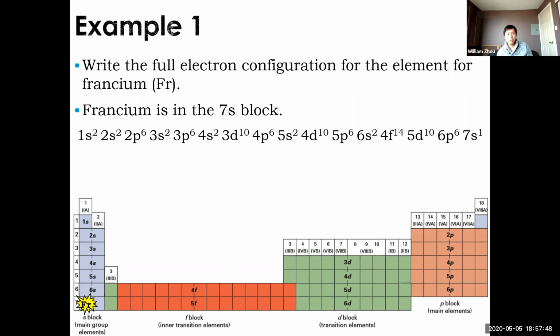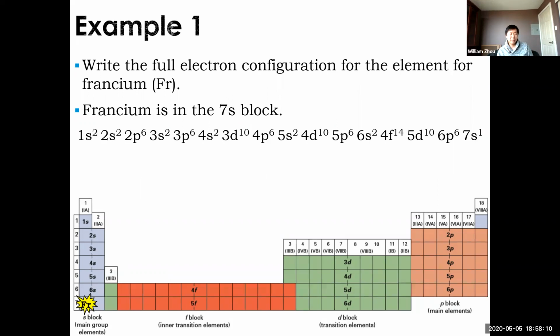It is so convenient. It has a lot of explanatory power. Patterns are everywhere. So after 4f, you have 5d, and there's 10 of those. So 5d10, 6p6, and then finally you arrive at 7s1, because francium is an alkali metal. It is in the first column, so it's s1.